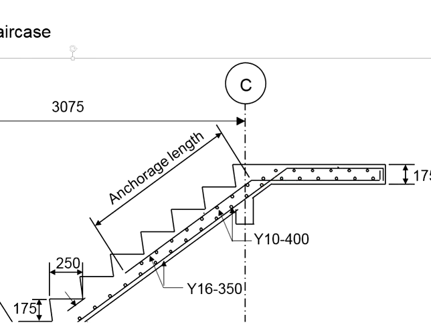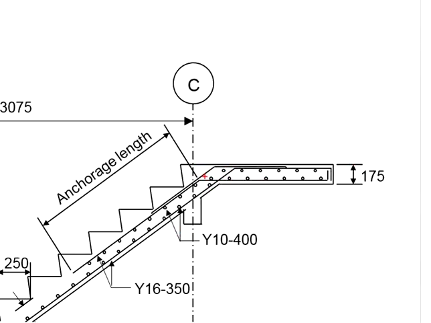This is likely to be the most vulnerable point of the staircase, and the staircase can fail because of this. Now, in order to prevent the hinge failure here, you will need this reinforcement in order to carry the tension here.